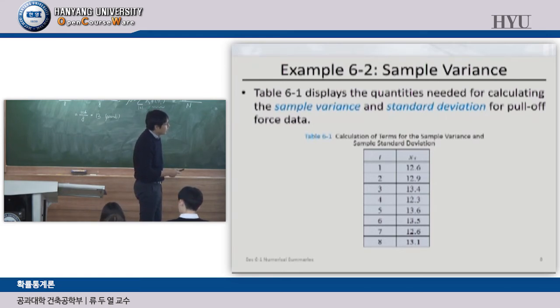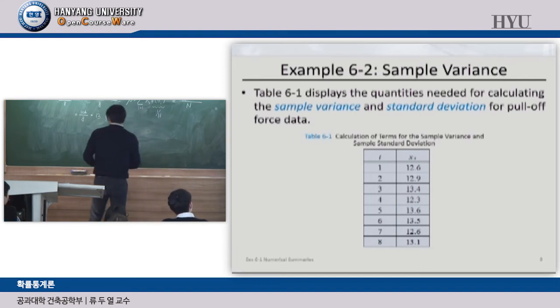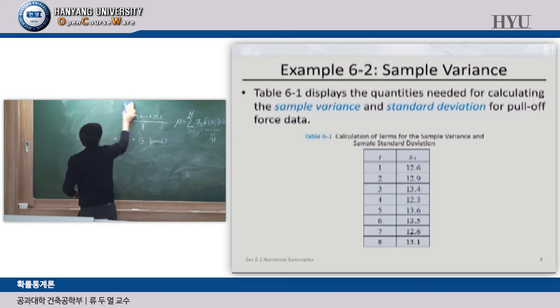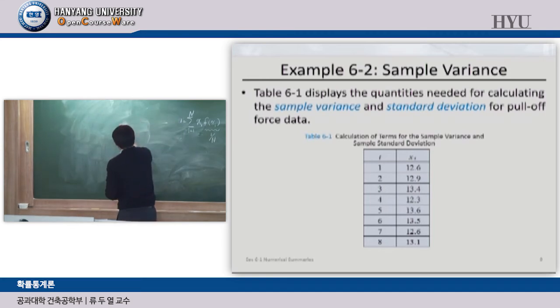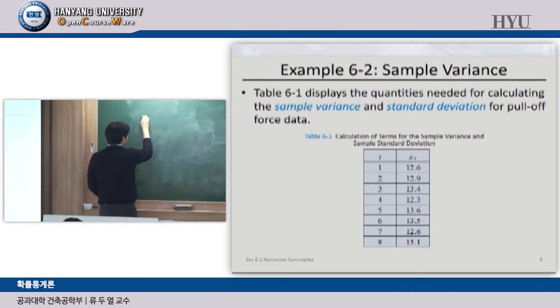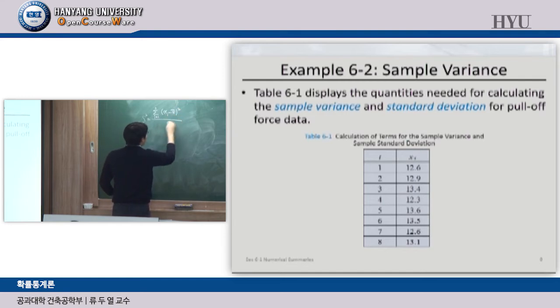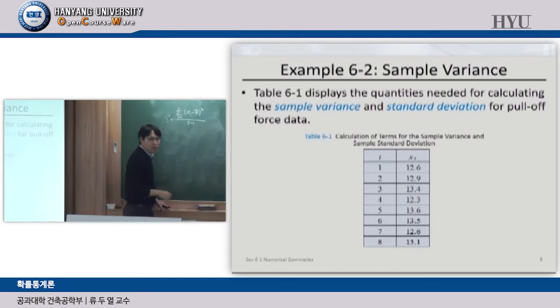So based on this table, we can calculate the sample variance and the sample standard deviation. The sample variance s squared is equal to the summation of i from 1 to small n, xi minus the sample mean, squared, over small n minus 1.